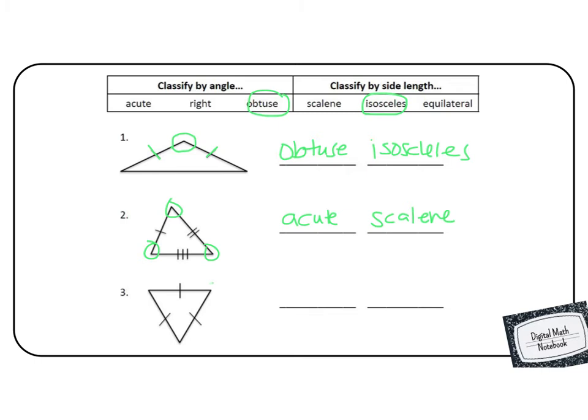Our third triangle has all acute angles, but all the sides are equal. So that would be an equilateral triangle. Please pause if you need to finish typing your notes in your digital math notebook before moving to the next page.